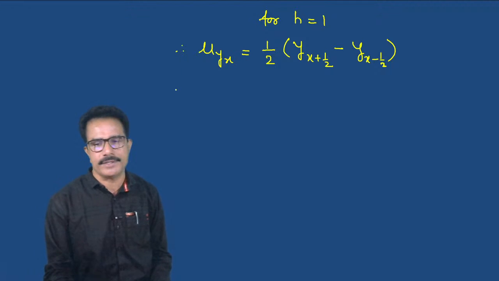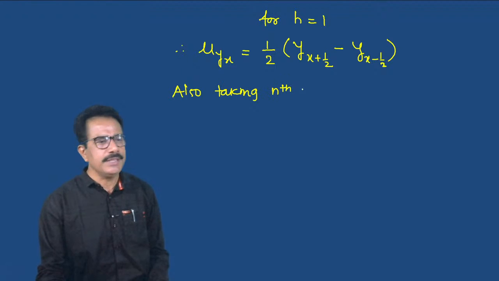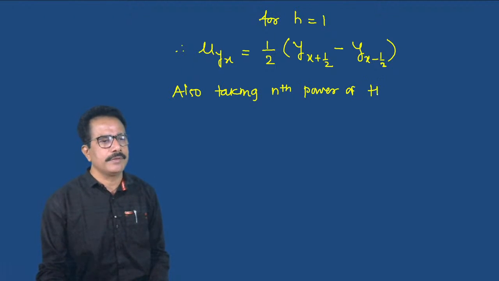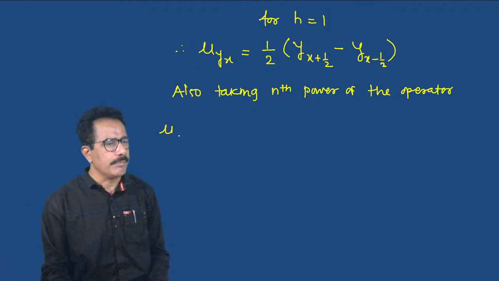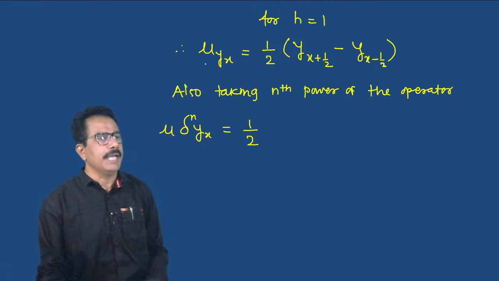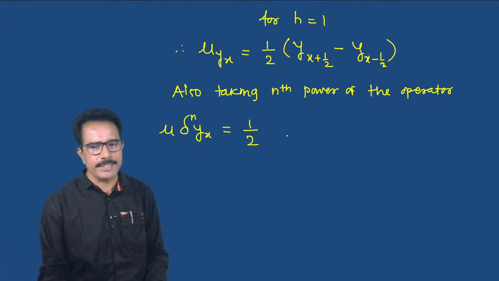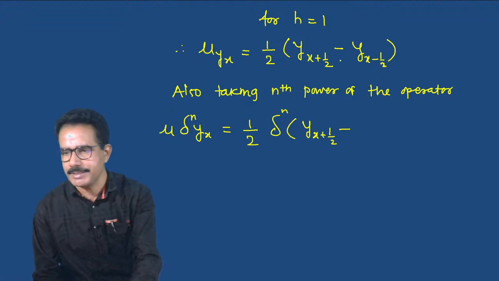So also, taking the nth power of the operator, that is mu of delta n yx, which can be written as 1 by 2. आता mu of yx ची व्हॅल्यू आहे, so it can be written as delta raised to n y of x plus 1 by 2, plus, h म्हणजे plus.